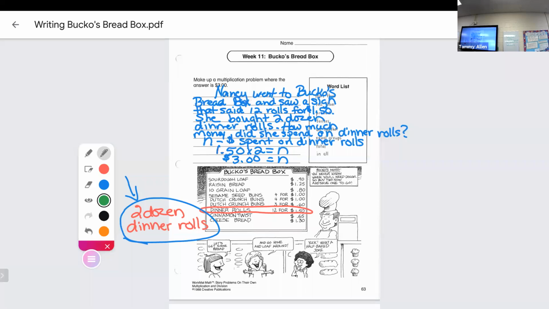Can we easily put in some words? Where? Eduardo, what do you want to put in? How much total money did she spend on dinner rolls? Right here?